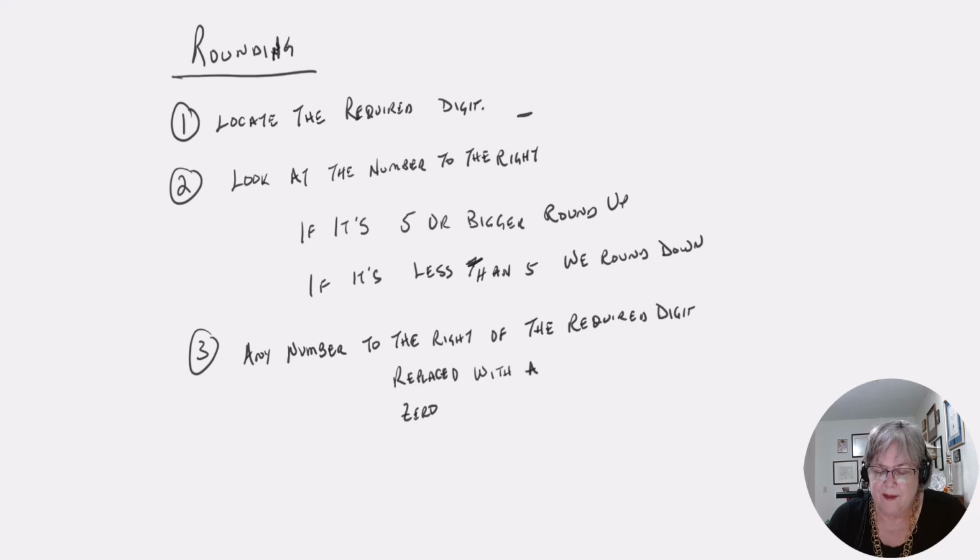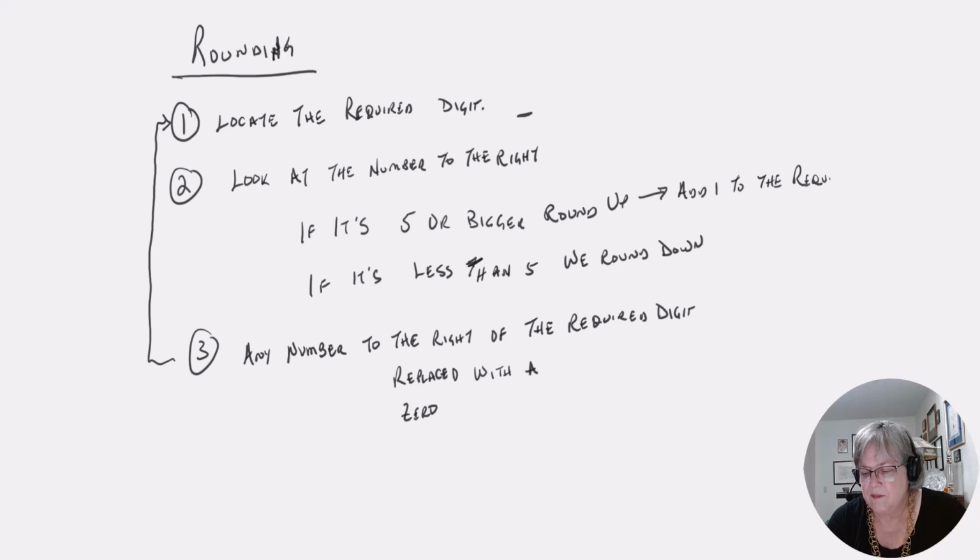All right, and this digit is this one. Now rounding up means to add 1 to the required digit. And rounding down means leave the required digit as it is.